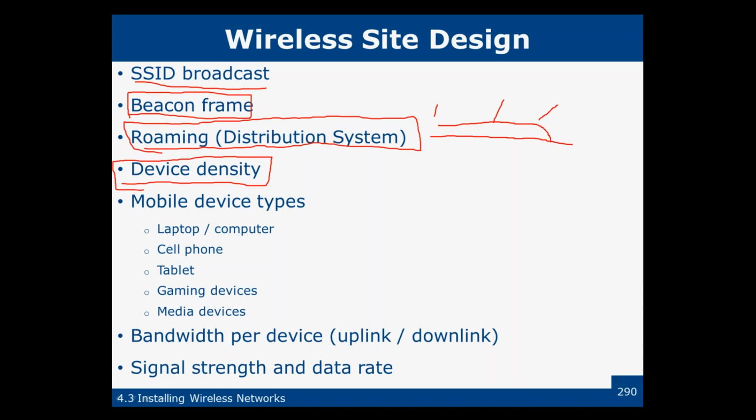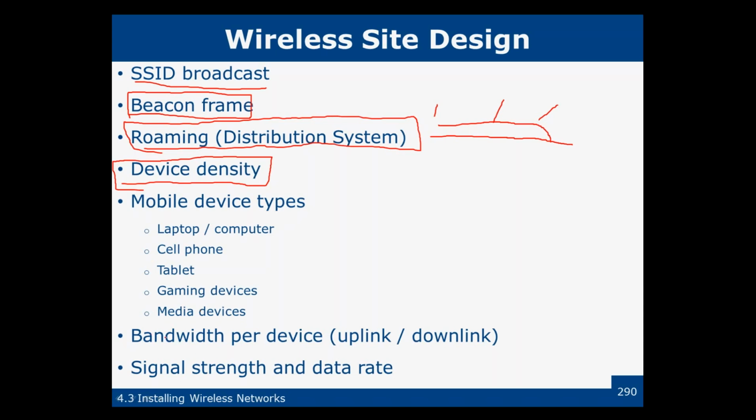The mobile device types we have, these are things that you probably have. Some or all of these: a laptop or a computer. Cell phones, and cell phones are more than cell phones now. They're not phones, they're little handheld computers. Tablets, gaming devices, and media devices.